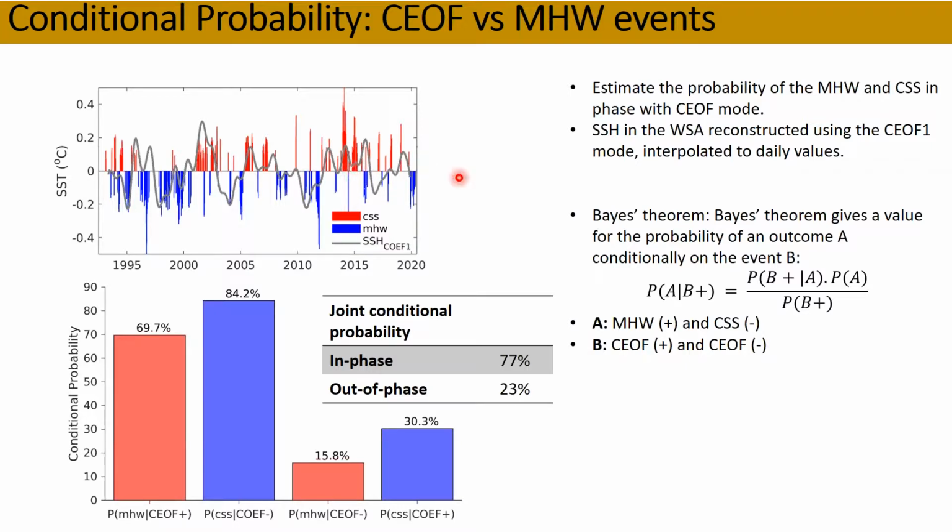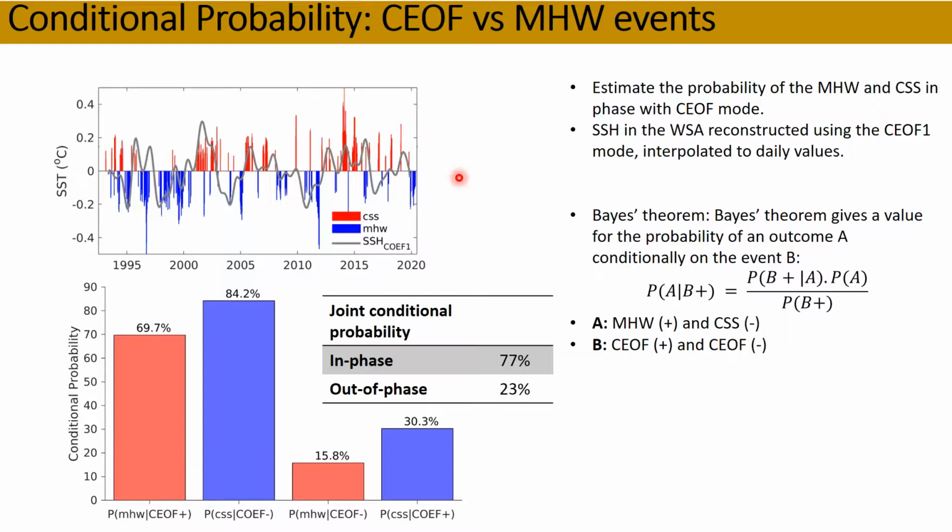And to calculate how likely they are to be together, we calculate what we call conditional probability. So we calculate the probability of the marine heat wave or the cold spell event happening given that we have a phase of the CEOF mode. So this is the answer we want. To estimate these conditional probabilities, we use the Bayes theorem.